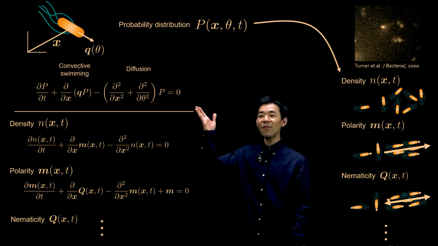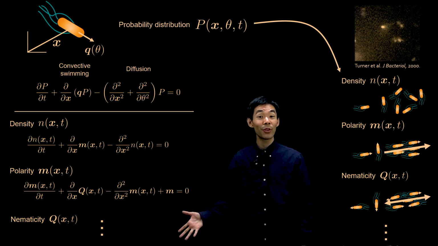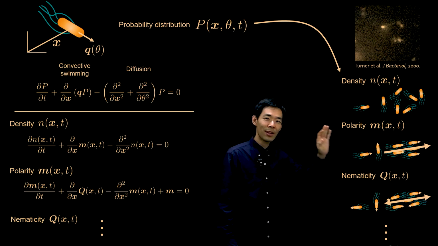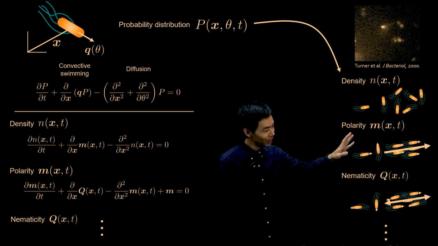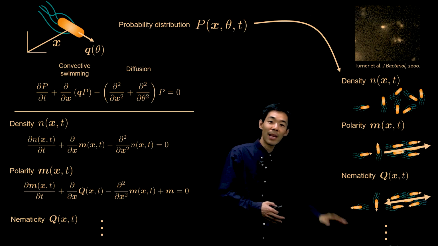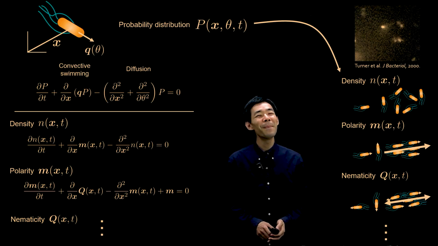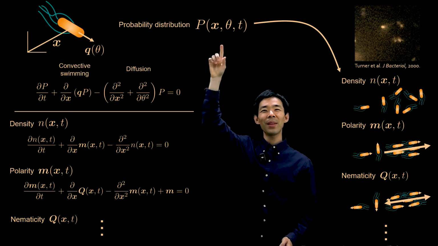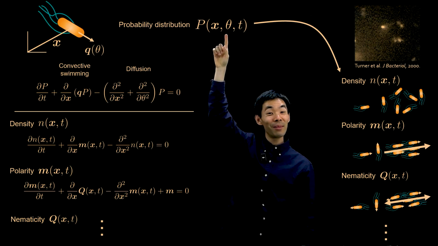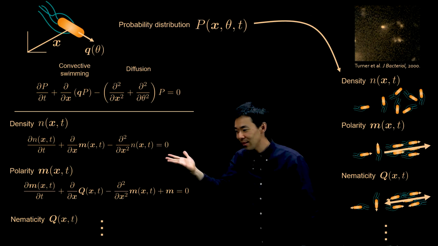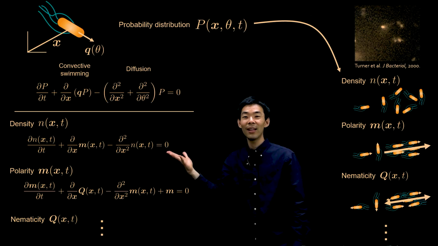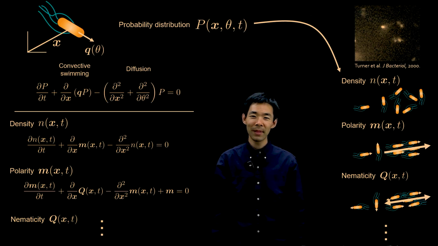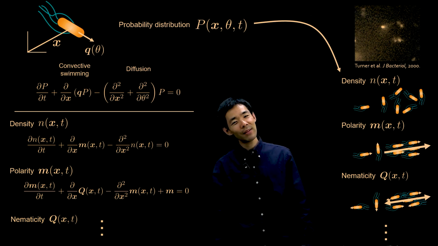So you get an infinite hierarchy of partial differential equations that are coupled to each other. The density depends on which direction they're pointing in. Which direction they're pointing in depends on how they're aligned relative to their neighbors, and so on. So the benefit of going from a partial differential equation and removing 1 degree of freedom, theta, came at the cost of having an infinite hierarchy of coupled partial differential equations. Now, you might wonder, how does this even help you?